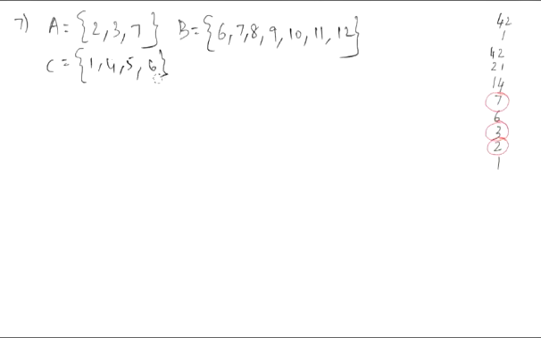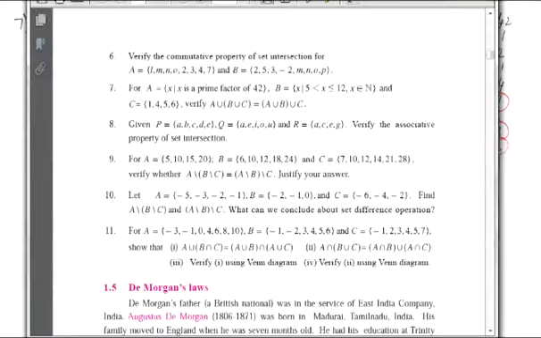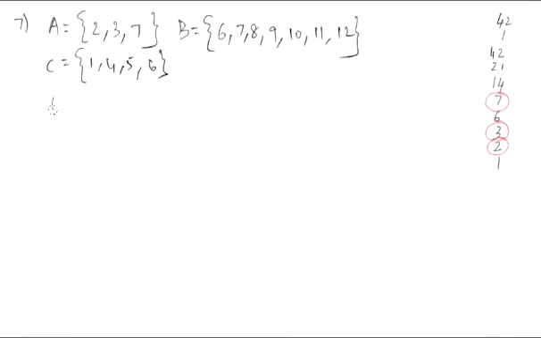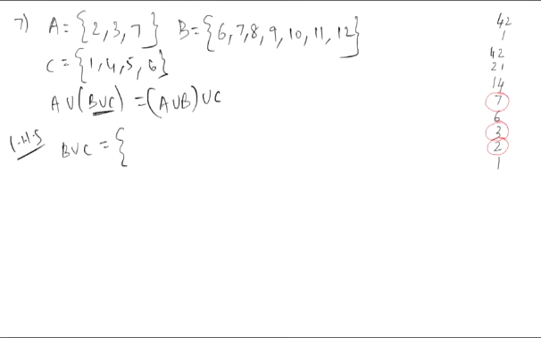And you're supposed to prove A union (B union C) equals (A union B) union C. So LHS, what's inside the bracket? B union C. Just look at it and write: 1, 4, 5, 6, 7, 8, 9, 10, 11, 12.